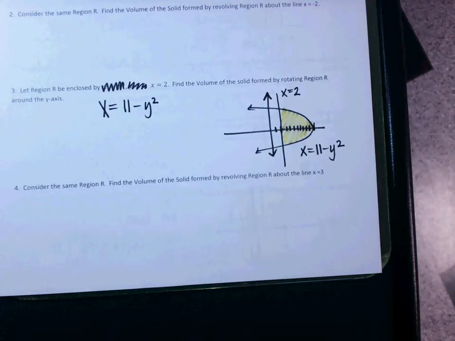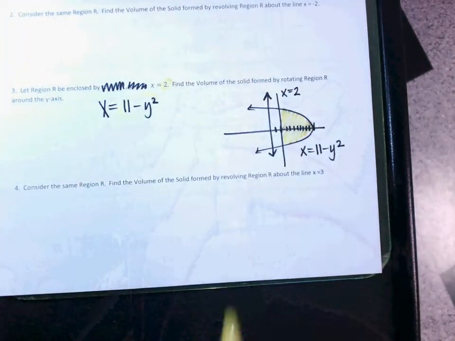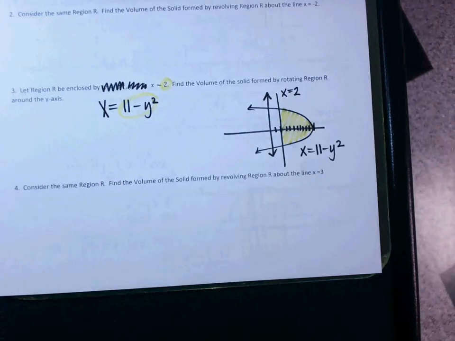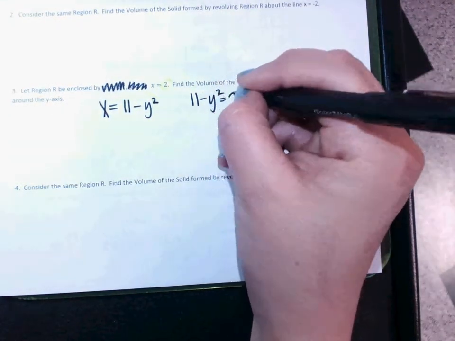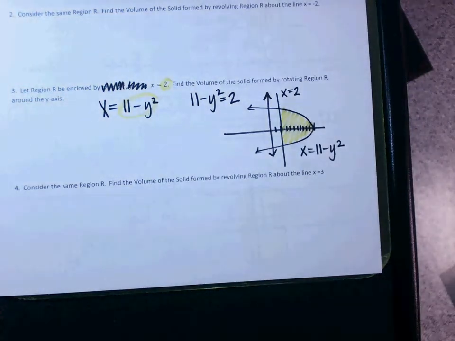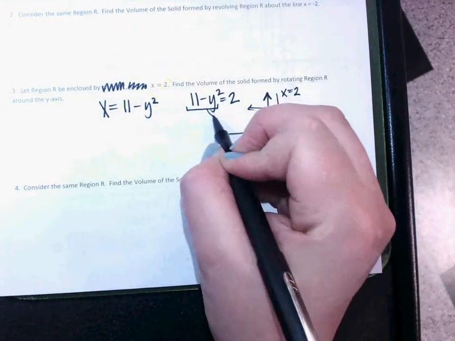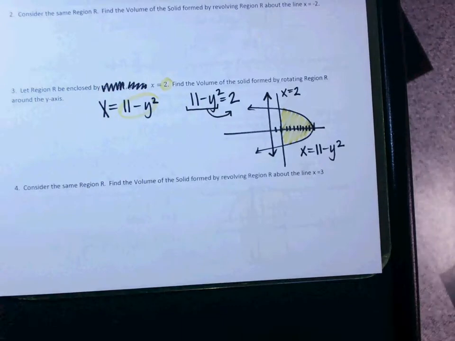Okay, so we said we're going to find the intersections by setting them equal. Can you do that for me, please? So you're letting 11 minus y squared equal 2. Should get whole numbers here. Okay, I would need to move these numbers over here. So my y squared is going to be what on the other side?